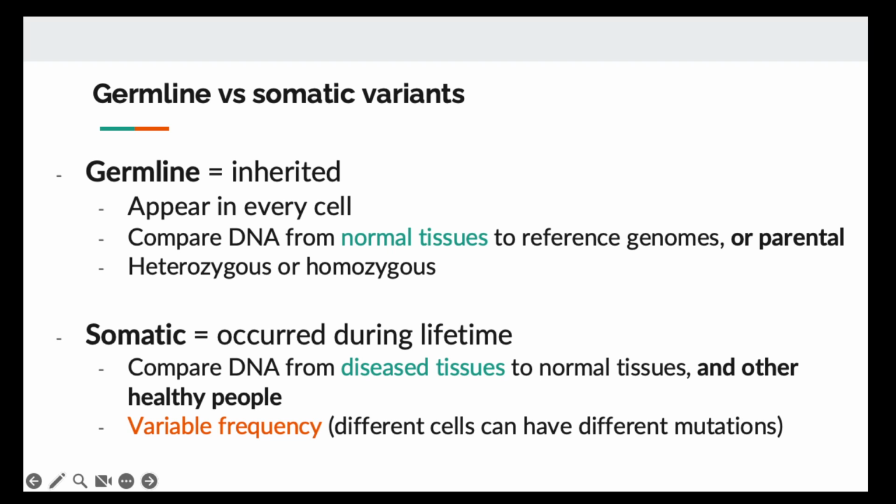But for somatic mutation, which are mutations that occur during our lifetime, different cells accumulate different mutations. So when we sequence diseased tissue like a tumor in our body, we are not going to get 50% or 100% mutation.